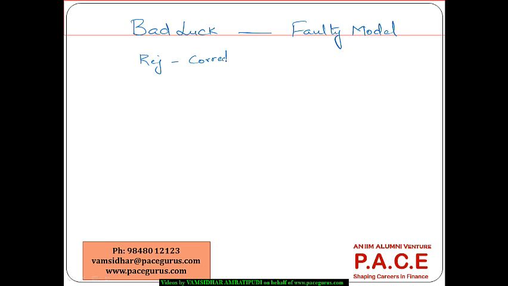A correct model should not be rejected. So there was an exception, but the model is correct. This is a type 1 error. And not rejecting a faulty, incorrect model is more like a type 2 error. These two should be reduced, and there should be a balancing between these two kinds of errors.